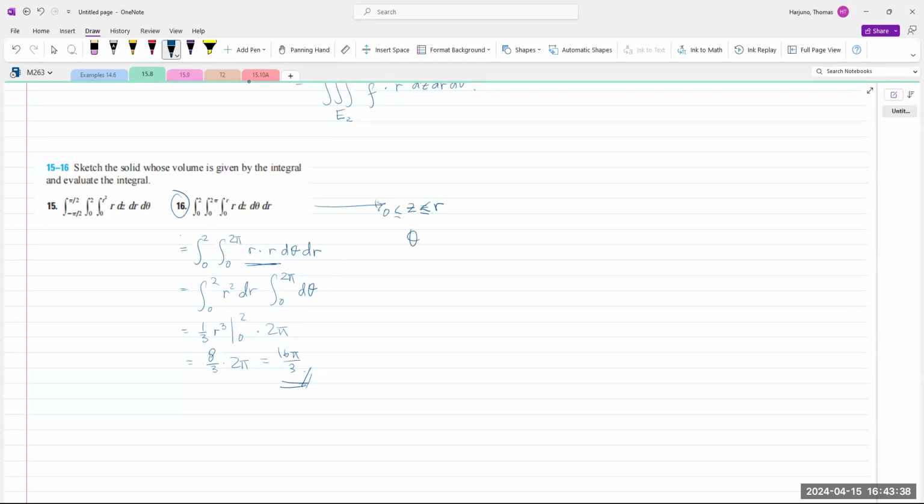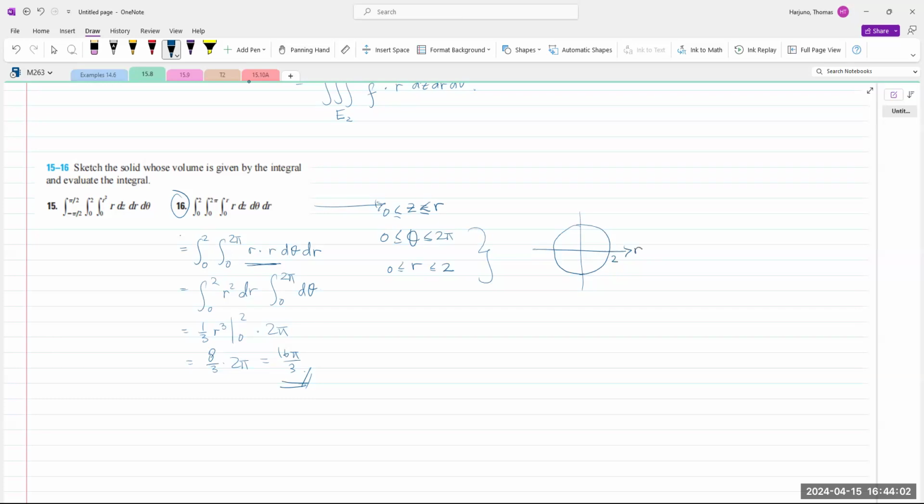The theta is from 0 to 2 pi, and the r is from 0 to 2. Okay, so for this part here, on the polar part, you will see that's basically a disk with radius 2. That is a disk with radius 2.